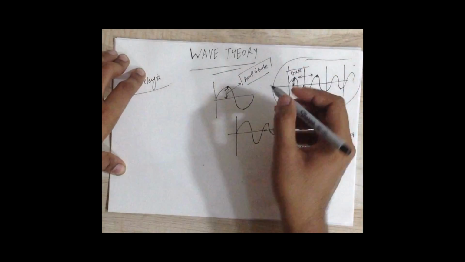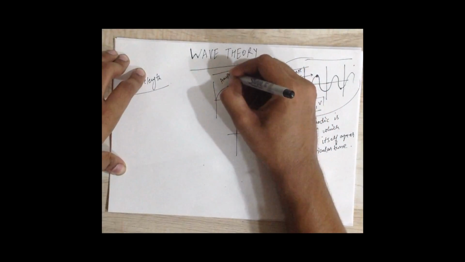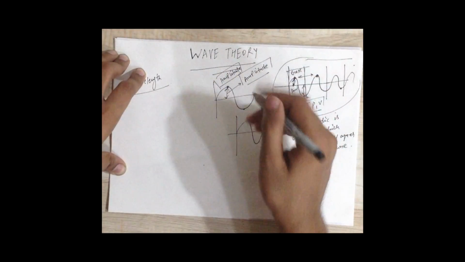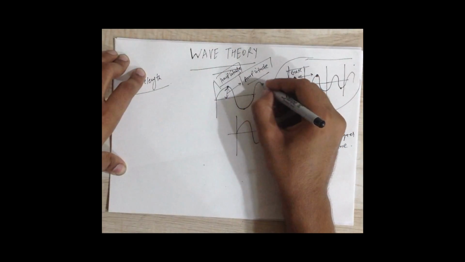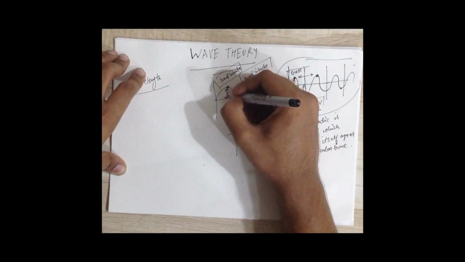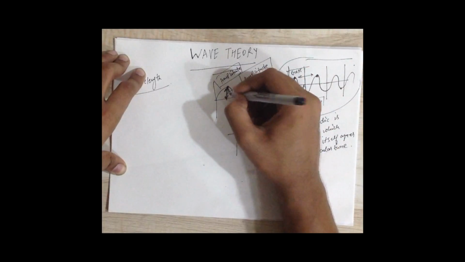But we will study an ideal wave. What is an ideal wave? In an ideal wave, the amplitude does not decrease because we do not consider anything such as friction or the drag force by the air. So it has a fixed amplitude. So this distance is known as the amplitude.